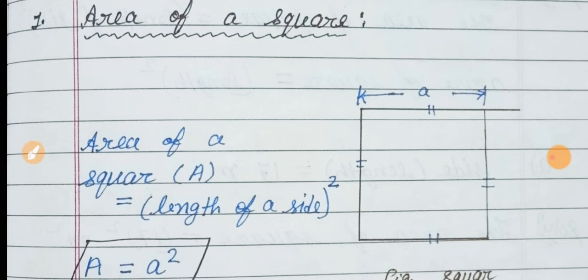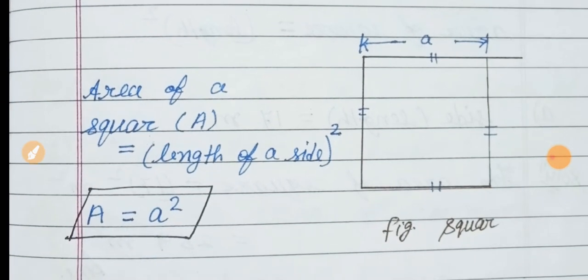As you know, a square is a closed figure for which all the sides, that is edges, are equal. So area of a square is equal to the length of a side square. Suppose the length of the side is a, so it should be a square.